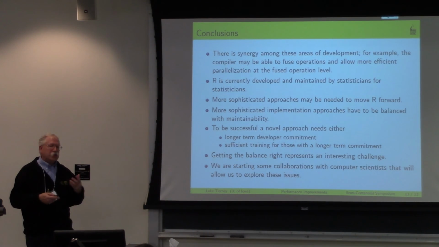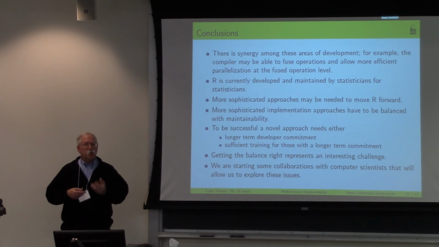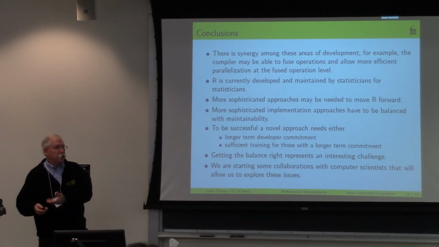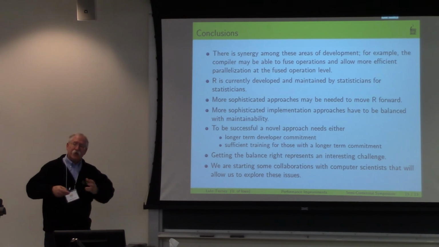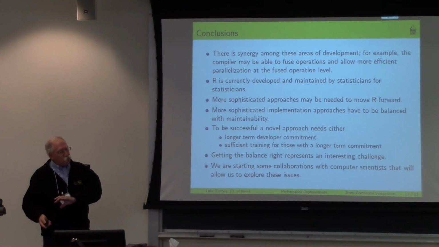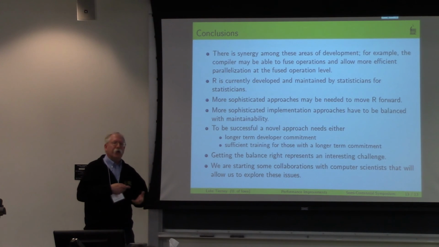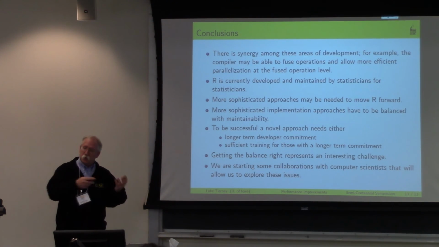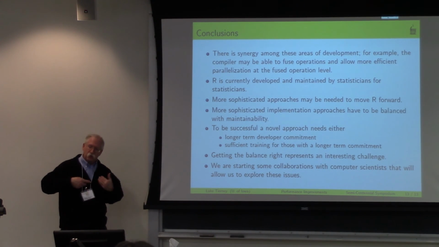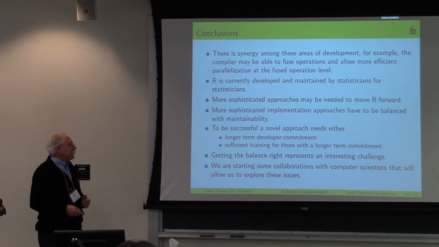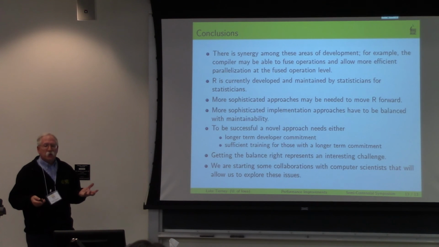The challenge is that computer scientists want to do something very interesting that they can publish in a journal, but they don't necessarily have the incentive to keep maintaining it. So for us to bring it into R, we have to have either a commitment from somebody who understands it to work on it, or the ability of people who understand it to train us so we can work on it. It's an interesting challenge faced by things like Python as well.